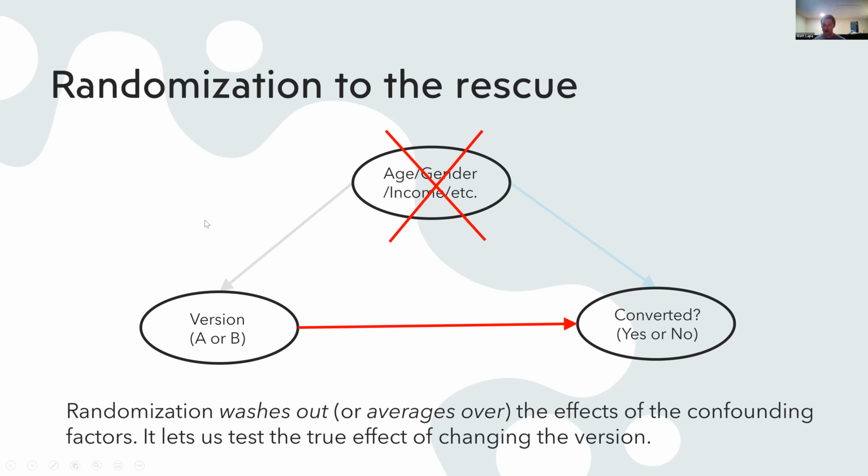You can think of it as severing these arrows, and then you are left with the direct effect of your choice of the version on whether or not people click the button. So you can think of randomization as washing out or averaging over the effects of this confounding factor, and it lets you test out the true effect of changing the version.